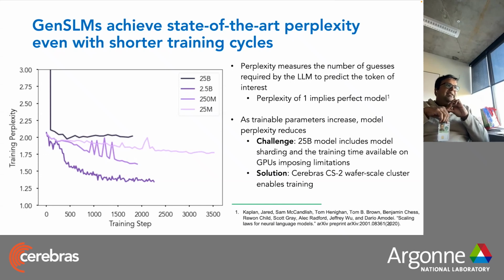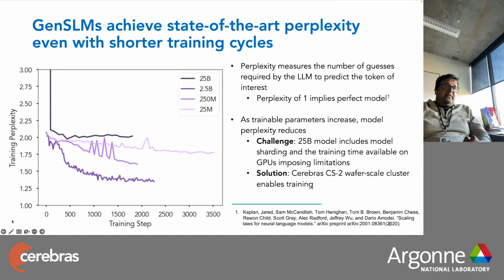Don't pay attention to the 25 billion model right now, but if you look at the 25 million, the 250 million, and the 2.5 billion, you can see that the perplexity of the model improves quite a bit as you increase the number of parameters. For the 25 billion model alone, model sharding and training times were imposing a lot of constraints on the GPUs in terms of training them.